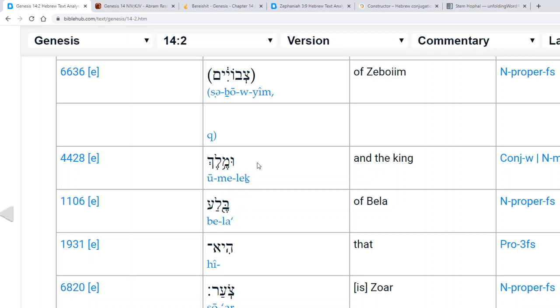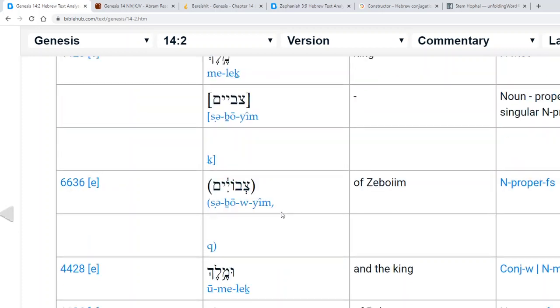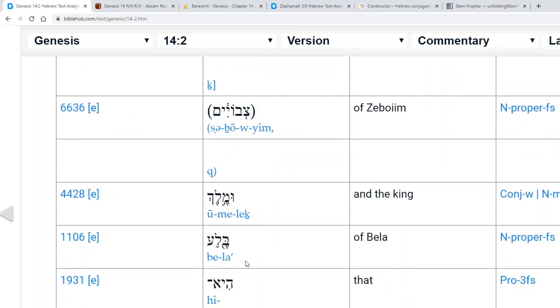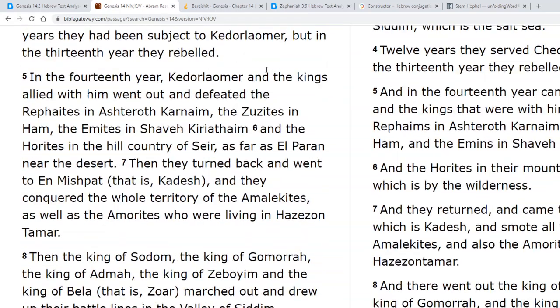So you could say, Melech Bela he Tzor, and the king of Bela is Tzor, so that's the name of the king of Bela. Or you can translate this, which seemed to me might be how I would do it, that Shem Ever was the king of Tzivoim and Bela was also called Tzor, right? It has the same name. Both of those make sense to me. I am wondering what Rashi and the translations have to say, but let's look.